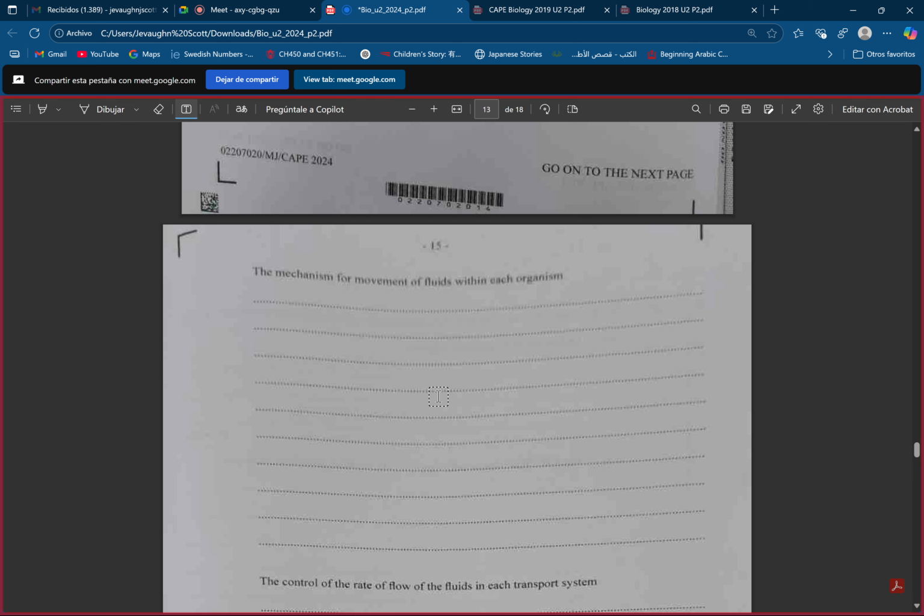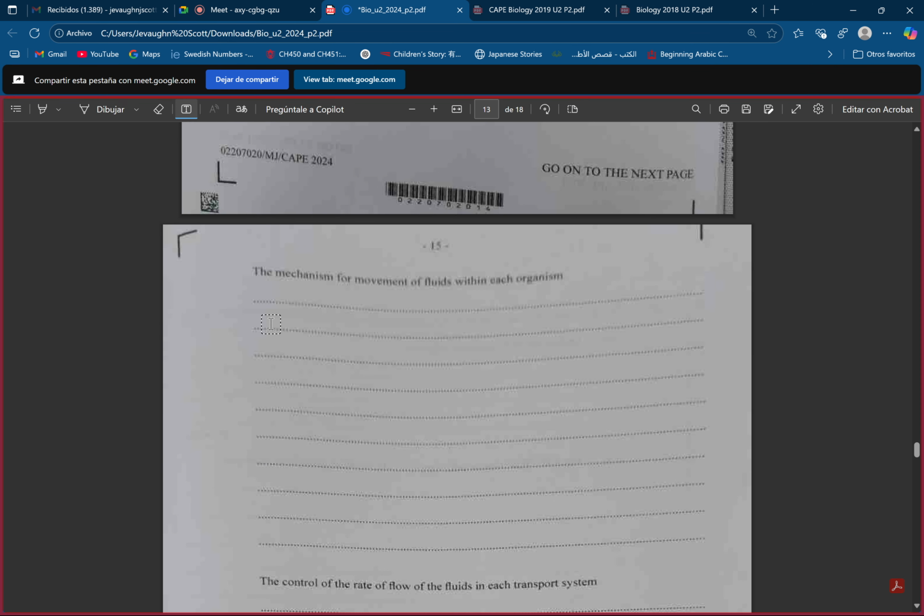Wait, did this entire text box delete after I was writing in there? No, it's still there. Okay, so for mammals, we're going to have hearts, so muscular pumps.